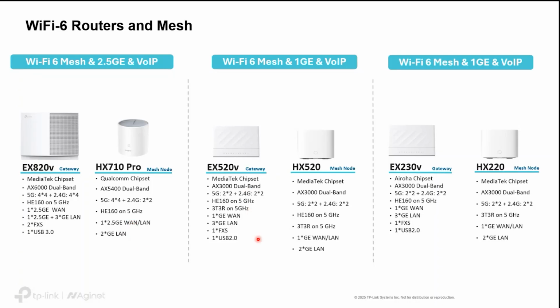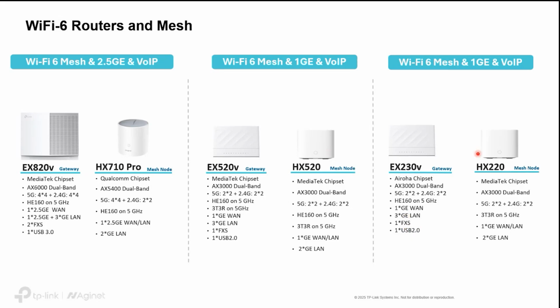Entry level on the EX520 is a 2x2, but this is with the wider channel bandwidth at 160 megahertz, which means it actually has a higher spec Wi-Fi on the 2x2 in Wi-Fi 6 than, for example, the EX230, which is a 2x2 but running 80 megahertz, which is the lower spec Wi-Fi solution.